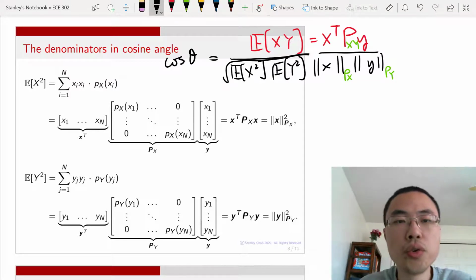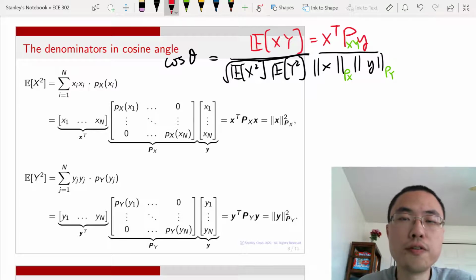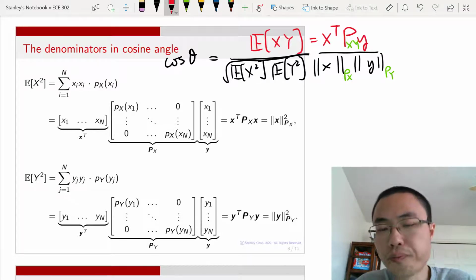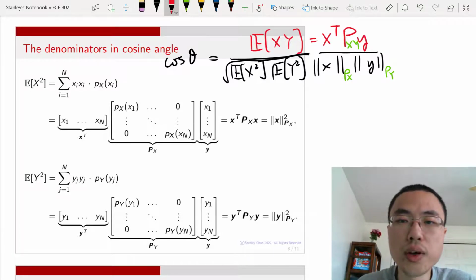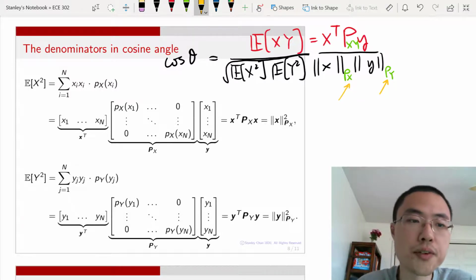So the cosine angle is like a normalized version of the joint expectation. We have seen the meaning of this Pxy, and now we also want to understand a little bit about the Px and Py. They're the marginal PMFs.